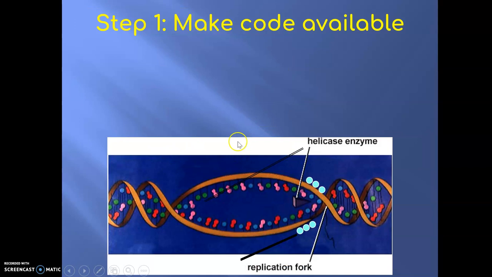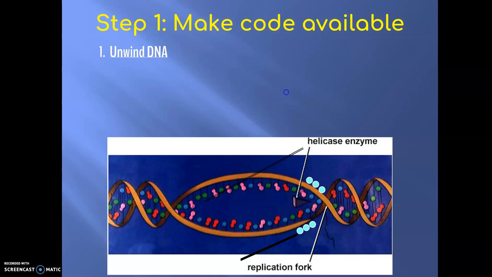So step one. It helped me when learning DNA replication to write out the steps and draw little pictures to help me understand. So that might help you guys. What has to happen is we have to make the genetic code available to actually be replicated. To do that, we have to unwind the DNA.